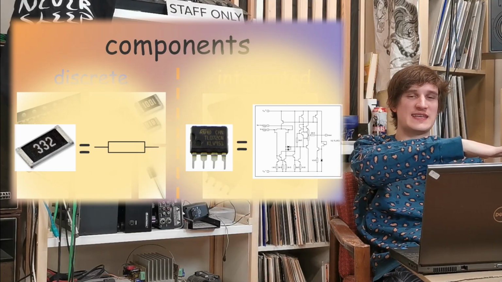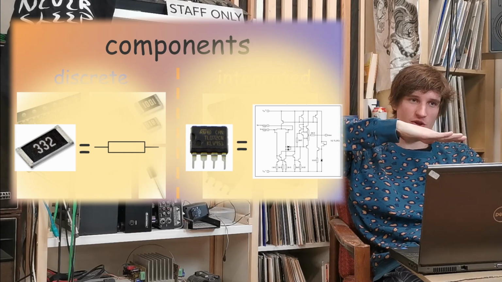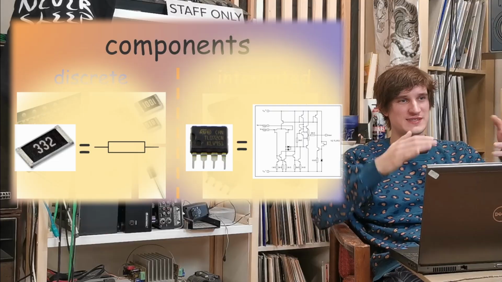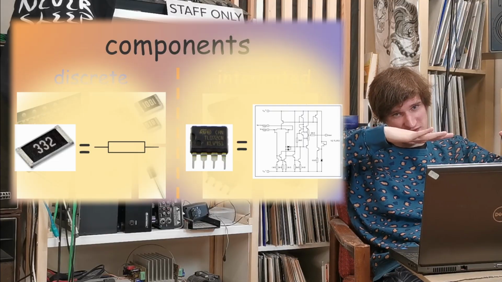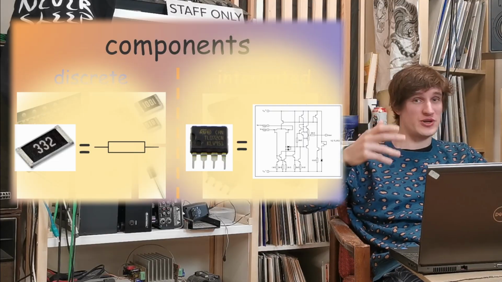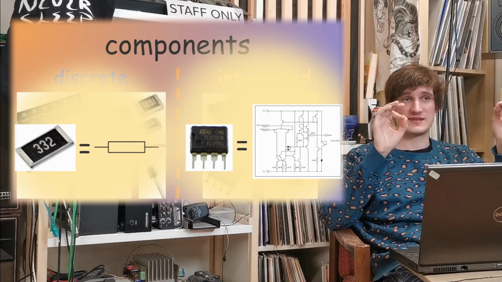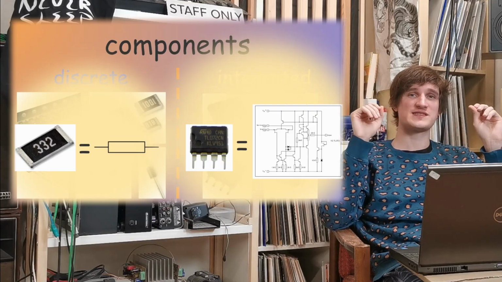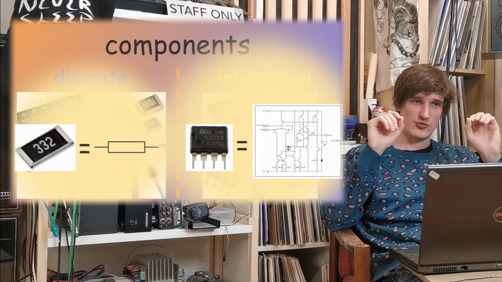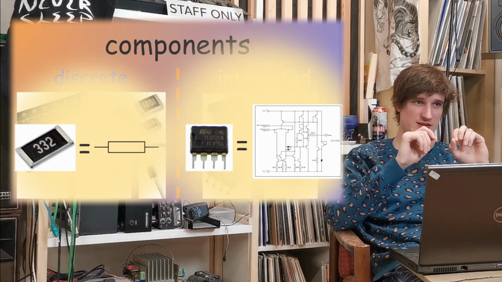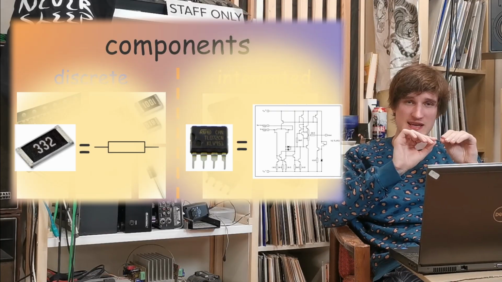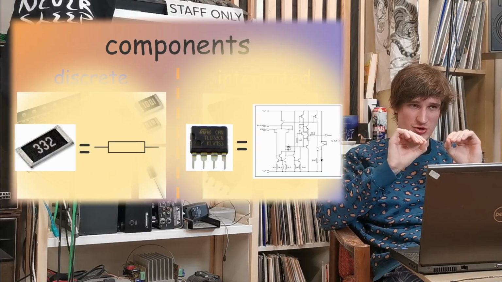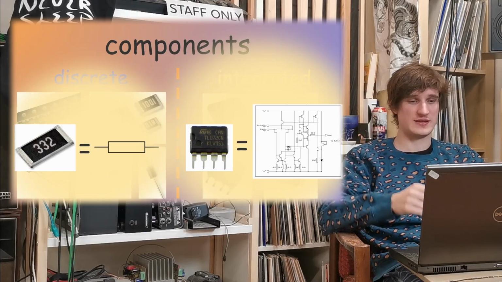You can detect very small movements, I'm not an expert in this, of tectonic plates to maybe predict earthquakes. So integrated components nowadays have such good performance that with those components you can make measurement gear that can measure very delicate signals, much more delicate than audio signals.